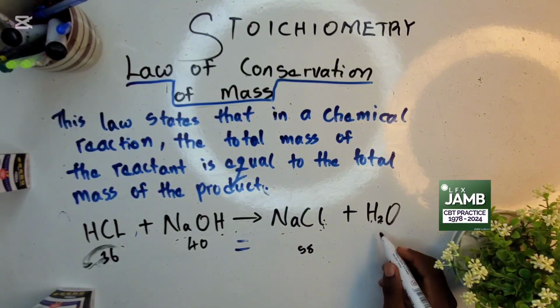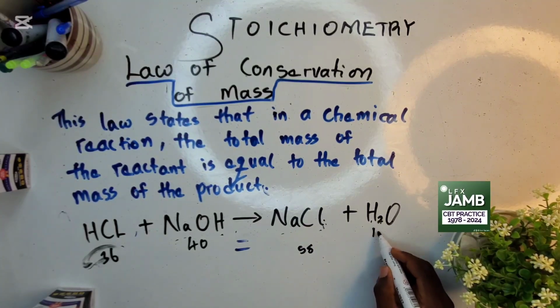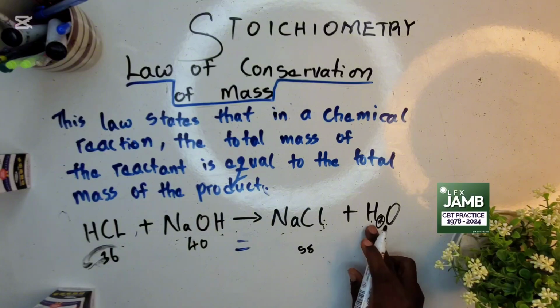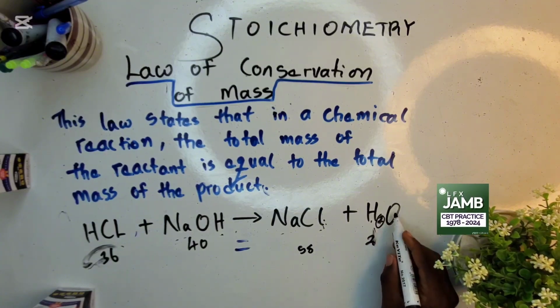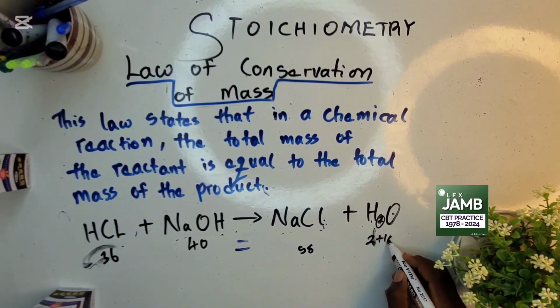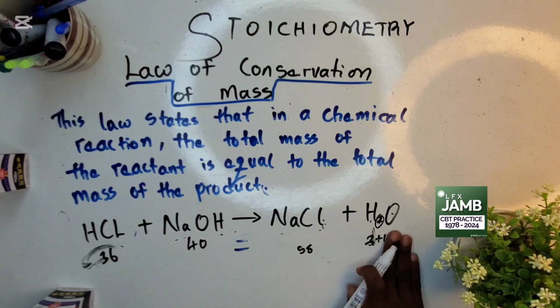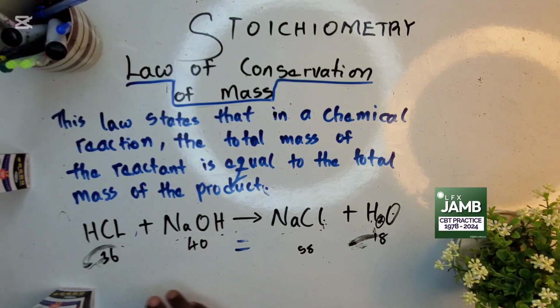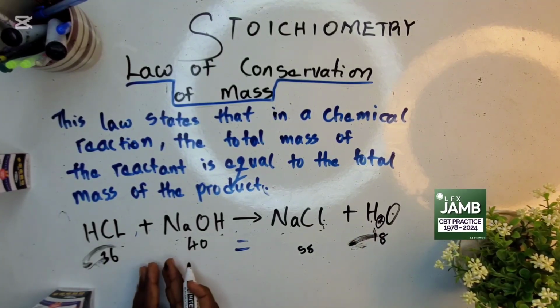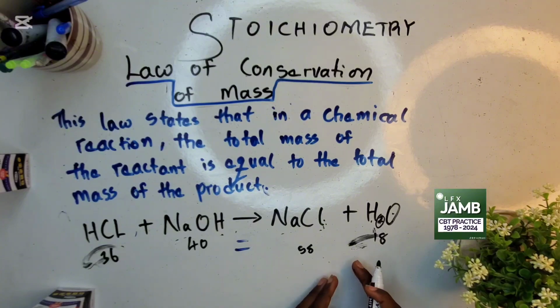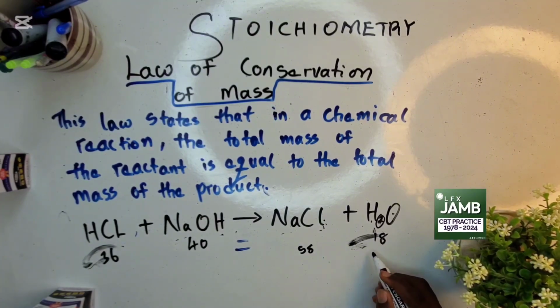Now hydrogen and water, what is this? Hydrogen is 1 times 2 here, which is 2. So we have 2 mass of hydrogen there. Oxygen here is 16. So 2 plus 16 is 18. Let's add this up and see whether the left hand side is equal to the right hand side. 58 plus 18 will give us 76. Right?